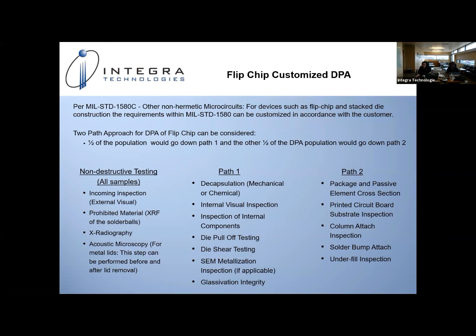All samples will undergo the non-destructive testing seen in the left-hand column there. Then we would split the population in half, so that half will undergo path 1, which is some type of destructive testing. The remaining population would go through path 2, which is another approach to destructive testing, which includes your cross-section and that kind of thing. Next slide, please.